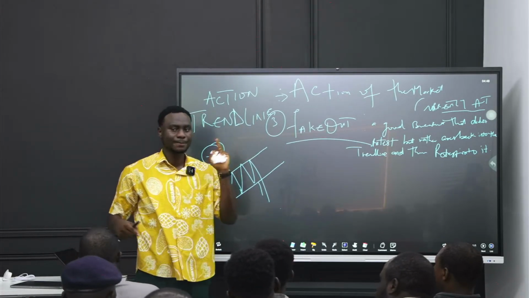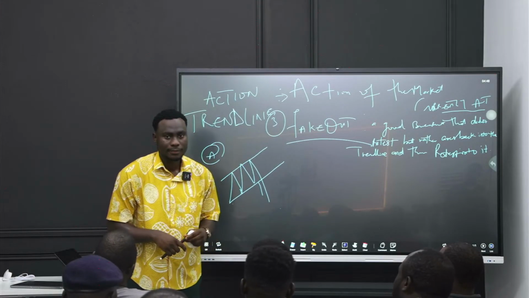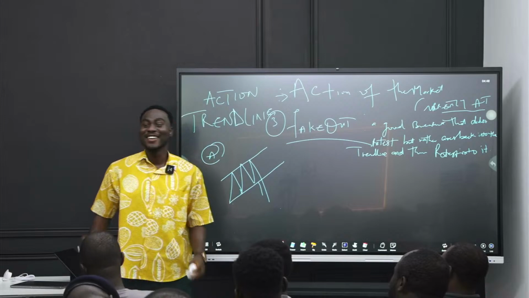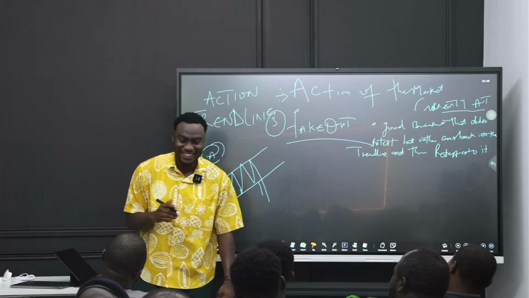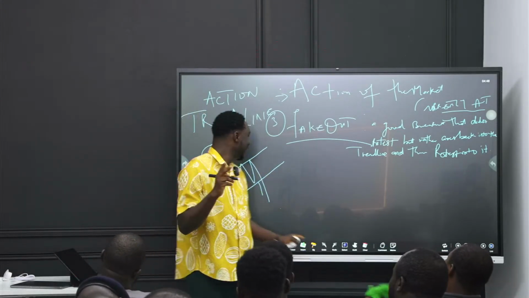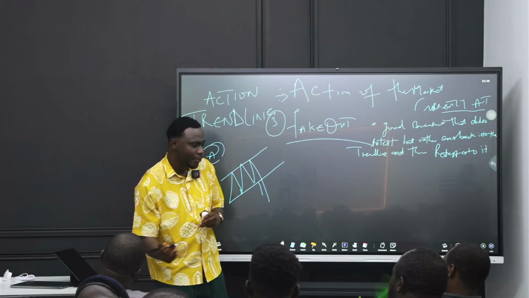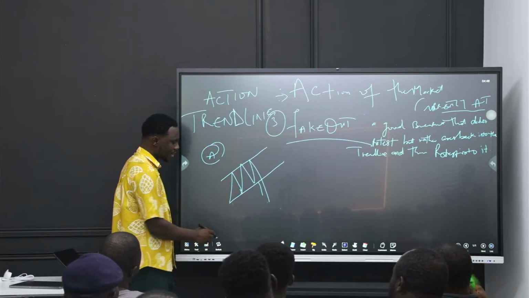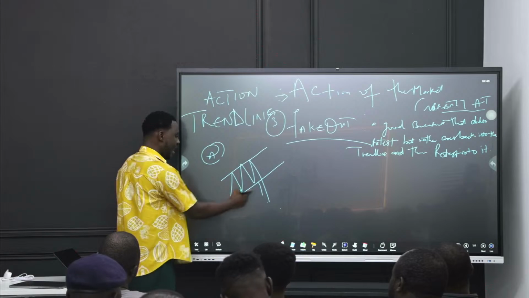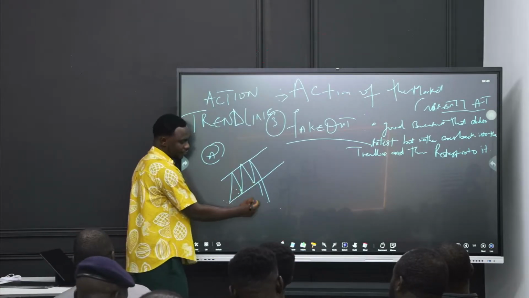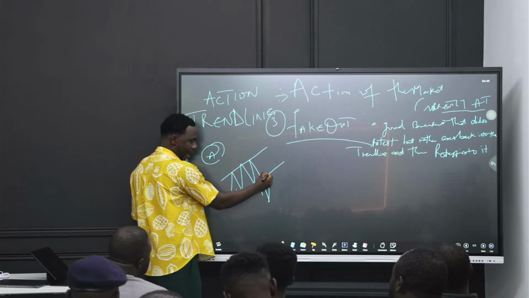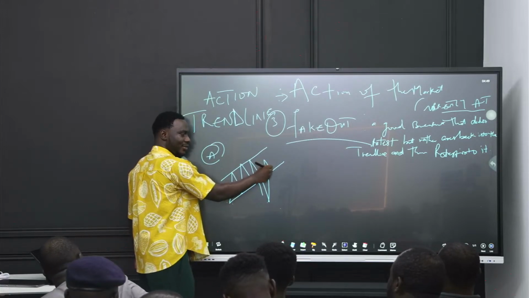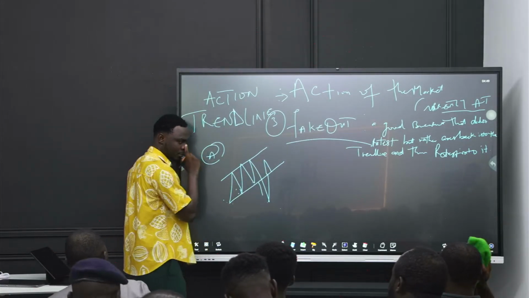And then the second one is what? Not at support. So this is valid because it's seen beyond the M1 and M5 and is not at any of these levels. But now, instead of retesting back, it goes all the way inside and then retests inside like this.